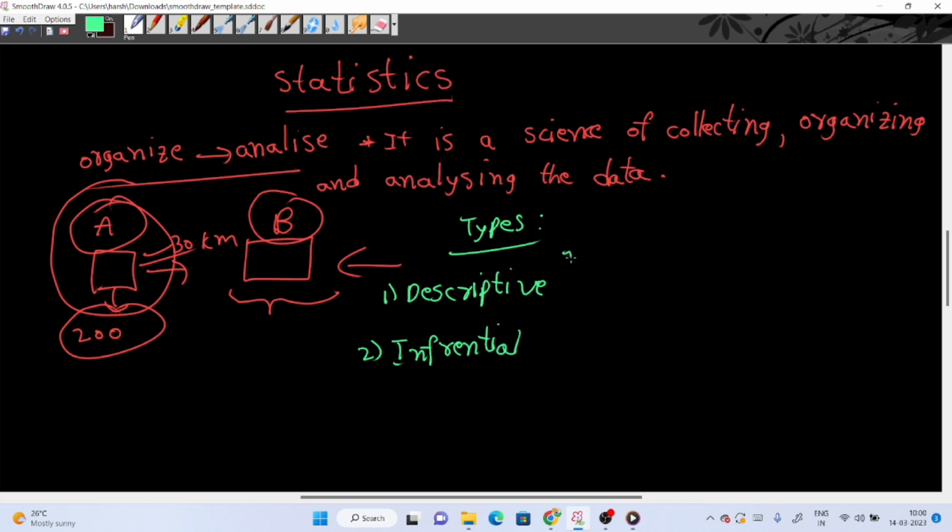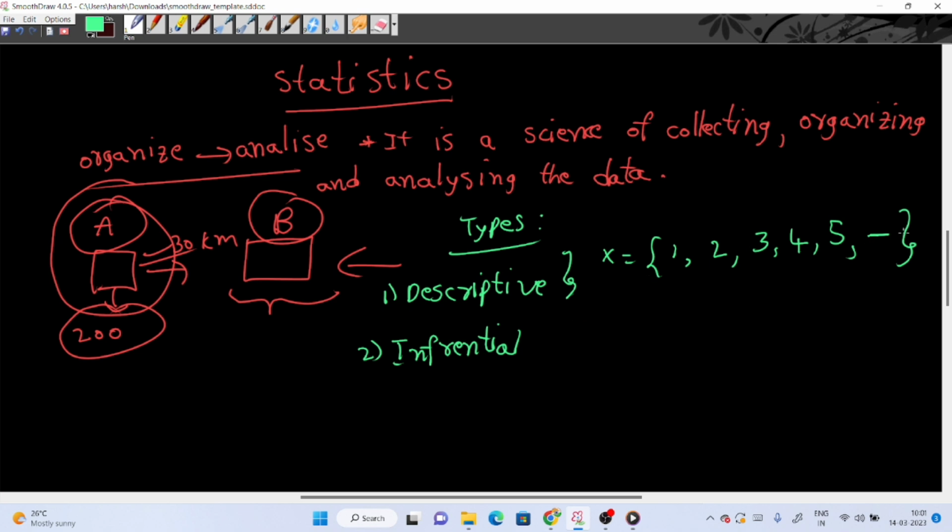So let us talk about descriptive statistics first. It is the process of taking the already available data and making some more assumptions based on mathematical calculations. For example, let us take that we have a data set like x is equal to 1, 2, 3, 4, 5, and then we have some empty value, a missing value.